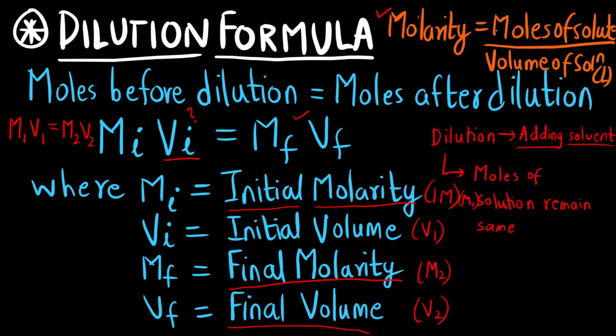Molarity is moles of solute divided by volume of solution in liters. So moles will be molarity into volume. Initial moles will be initial molarity into initial volume, and final moles will be the final molarity, the concentration that we require, into the final volume.